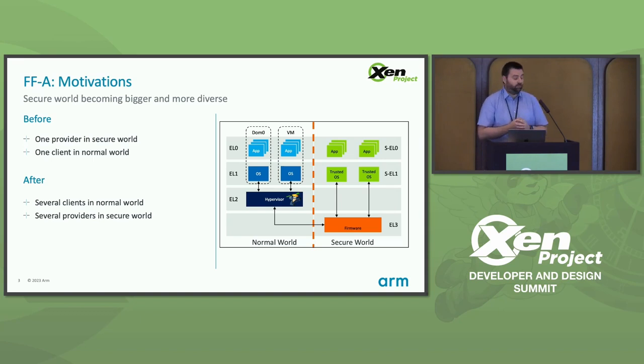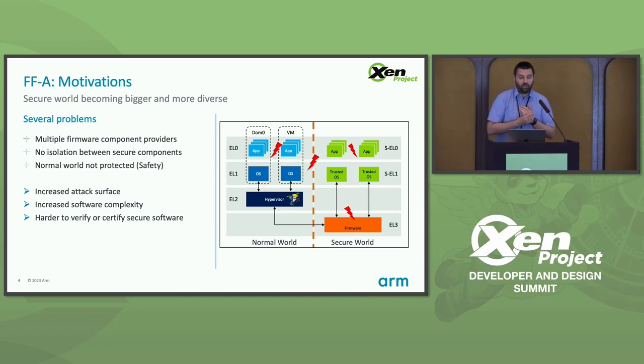As a consequence, in the secure world, we see more and more providers. So software is coming from different sources, from the OEM, from the SiP, but even from the operating system, in the case, for example, of DRM. So this new complexity is bringing a lot of new challenges to the software architecture or the software stack in general.